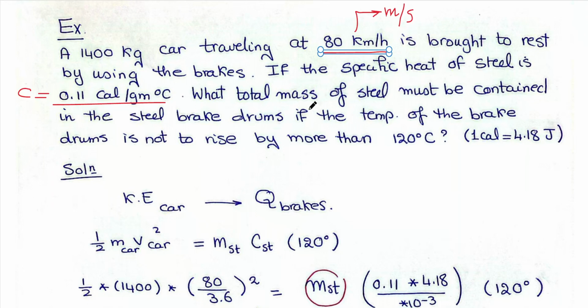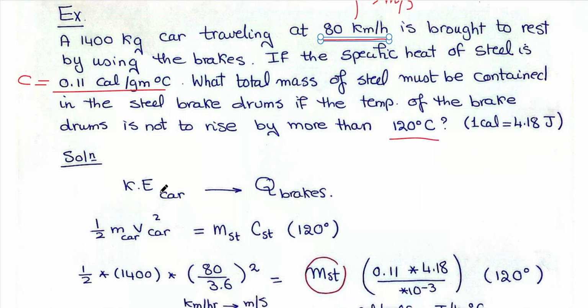It is required to calculate the total mass of the steel to be contained in the brake drums if the temperature of the brake is not to rise more than 120 degrees, assuming that the kinetic energy of the car will all be changed to heat energy in the brakes. So half m v squared of the car will be mc delta T of the brakes, and the brake material is steel.